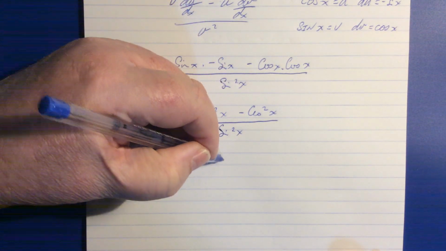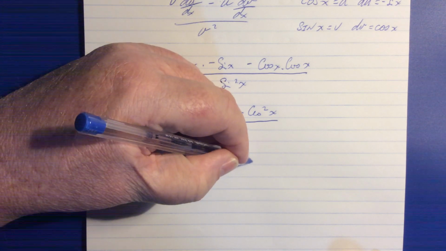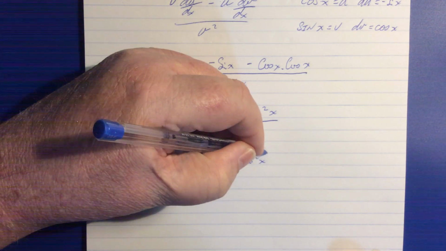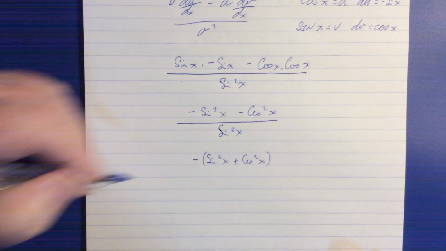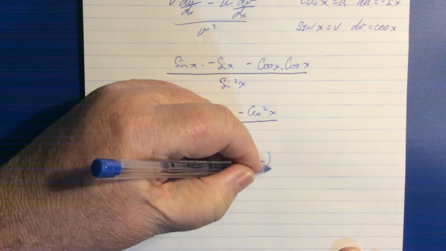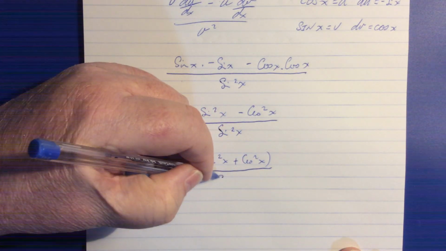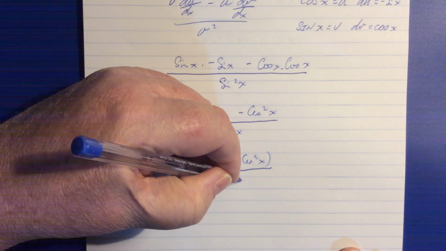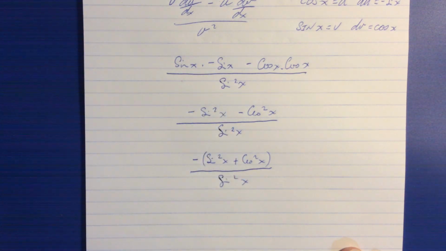So sine squared x plus cos squared x, put those in brackets, put the minus sign out here, over sine squared x.